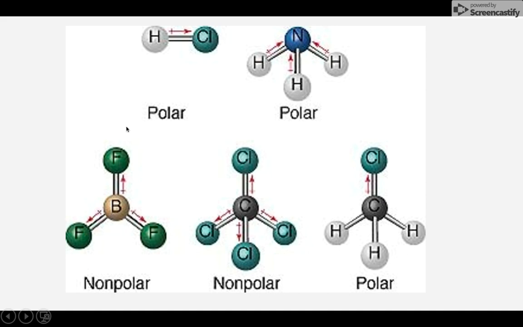It's planar, so all of the dipole moments cancel each other out, so they're not polar. This is the same. They all cancel each other out right here. And this one's polar because it's going up and they're not pulling at each other and they aren't canceling each other out.